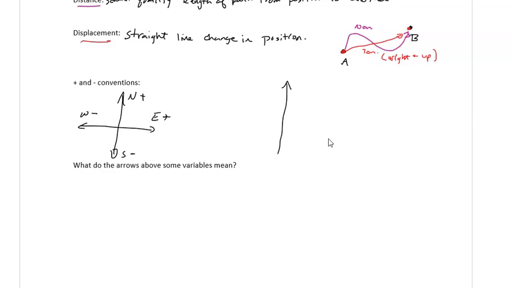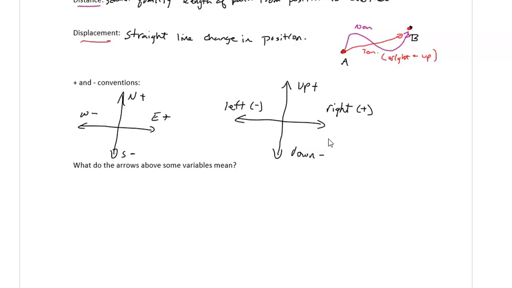Down we would call negative, up we'd call positive, in the up-down plane. We also can have right, which we'll call positive, and left, which we'll call negative.